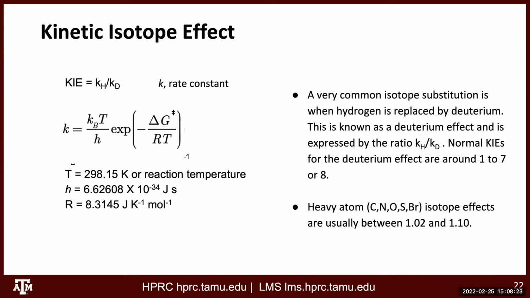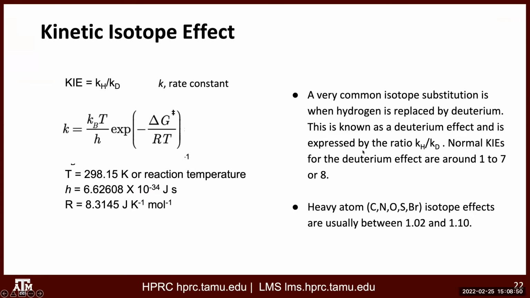And to calculate the KIE, that's the rate constant of the system with the light element over the rate constant of the system that has the heavier element.